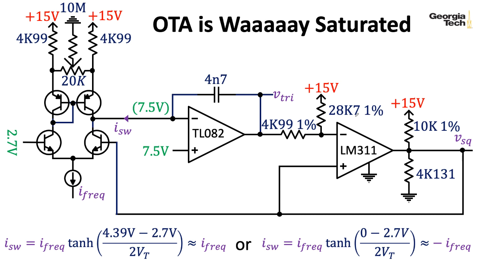So the final bit of the circuitry we need to tackle is this set of resistors here. Notice that we're not taking the triangle and jamming it right into the negative input of the comparator, which I think is what we did with the sawtooth oscillator. So we have this 15 volts through this 28.7K resistor that then connects to the triangle output through this 4.99K resistor.